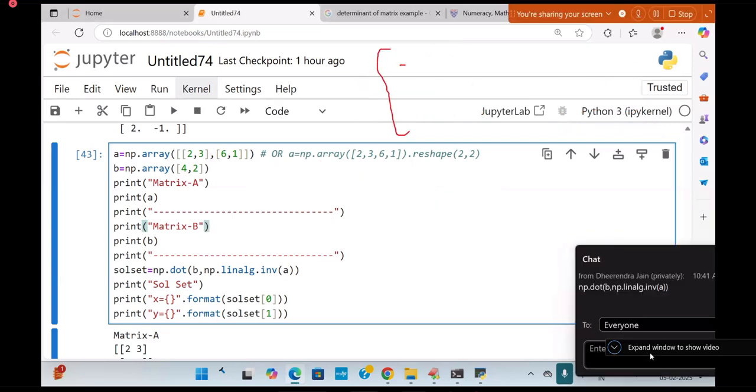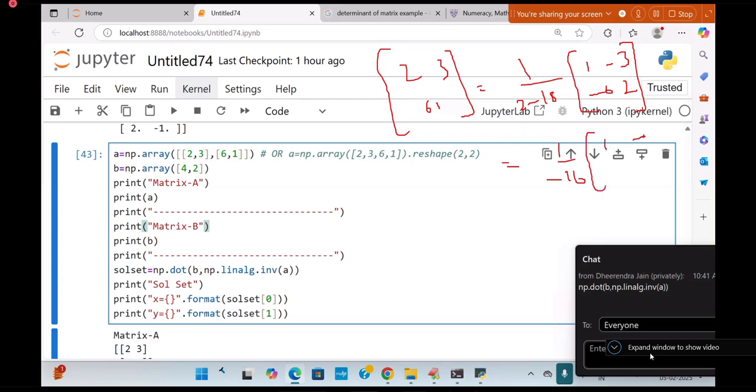2 3 6 1, what is the inverse? 1 by 2 minus 18. What is the answer now? 1 2 minus 3 minus 6, 1 by minus 16. 1 minus 3 minus 6 2.